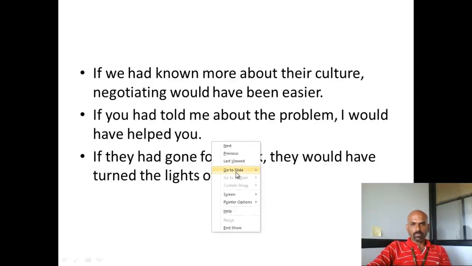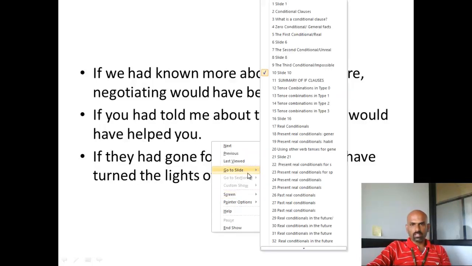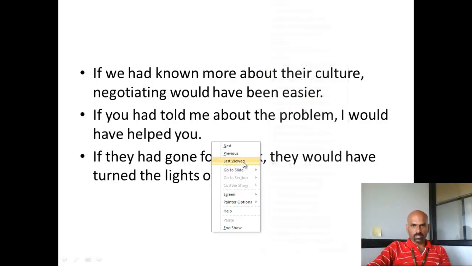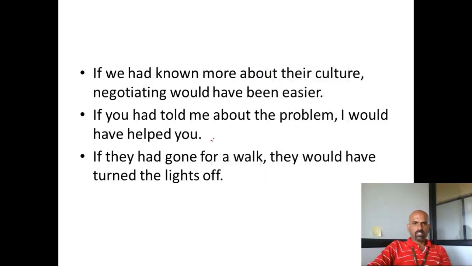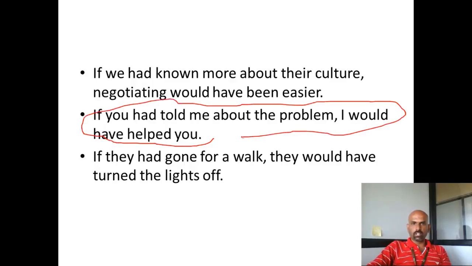Let me go to the pointer. Where is the pointer? Here it is. See, if you look at this one, we use it quite often in our day-to-day conversation, right? Imagine your friend suddenly got a problem, but he didn't inform you.